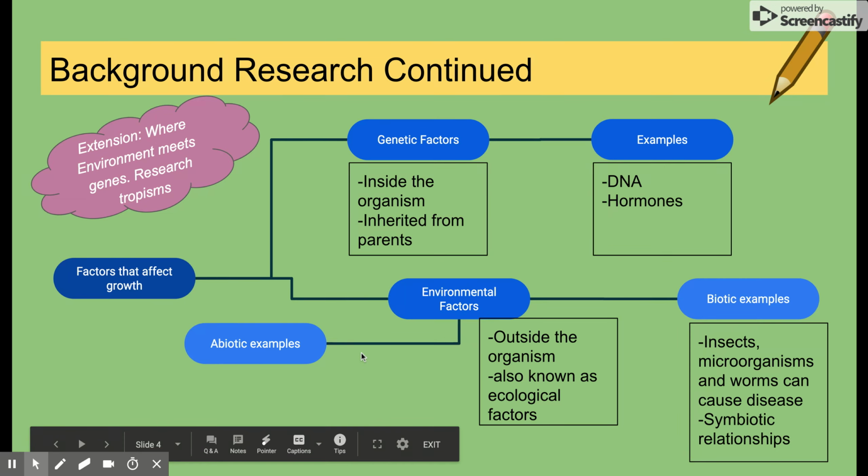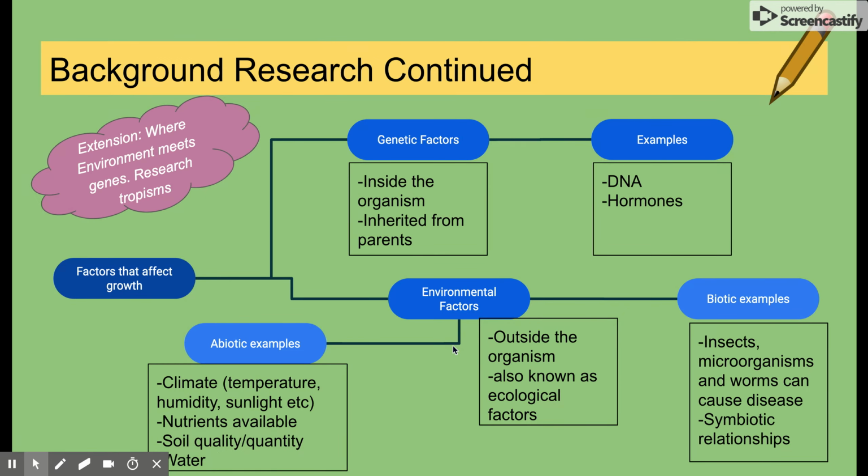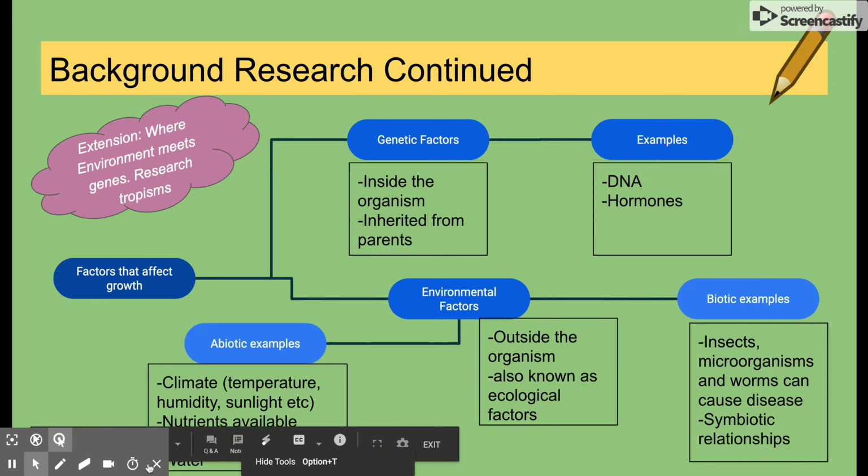Okay? In terms of abiotic examples, we have climate, temperature, so things like the temperature, how much humidity there is in the air, the sunlight, the air quality overall is also affected. Okay? Nutrients available in the soil or in the water where the plant is growing. Soil quality, as well as how much soil there is, so the quantity.